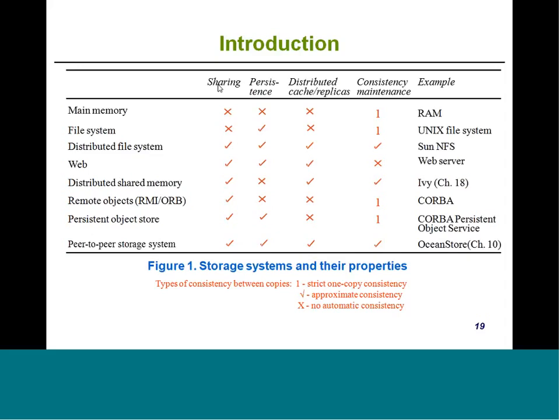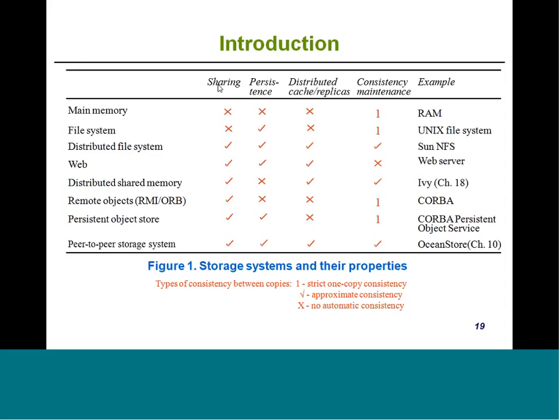Now let's look at the distributed file system. A distributed file system allows you to share, allows persistence of data, allows distributed cache or replicas, and it also manages consistency, where you don't need to have a single copy.